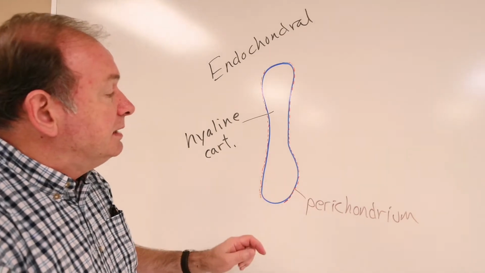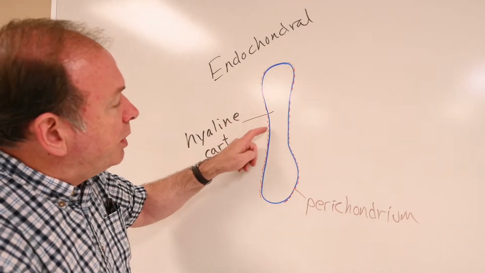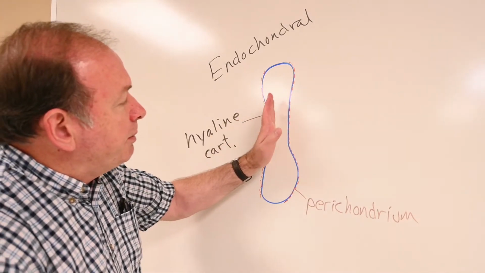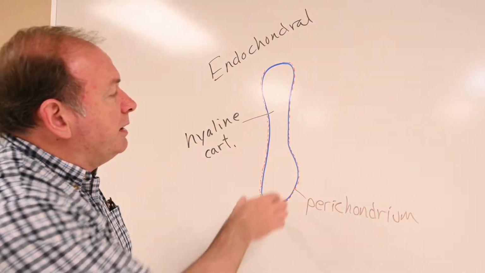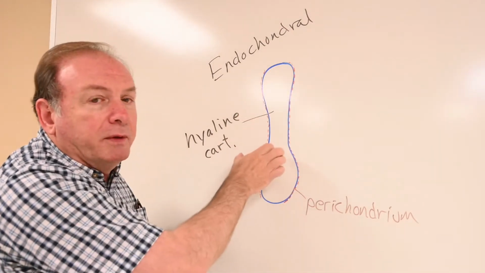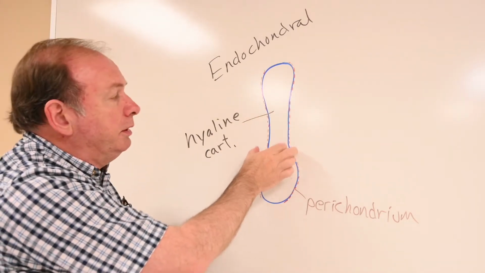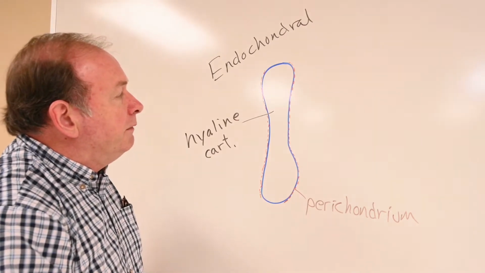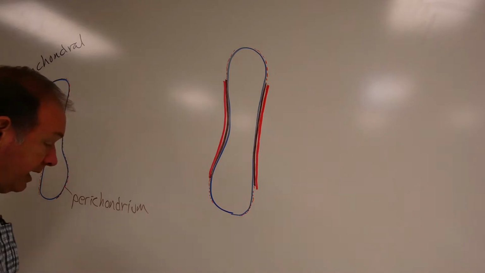The next step in this bone formation is we're going to develop bone right underneath the perichondrium, between the perichondrium and the cartilage. So we're going to get our first bit of bone to form right in the middle of the shaft of the bone. And it's going to make what we call a bony collar around this middle part of the developing bone.